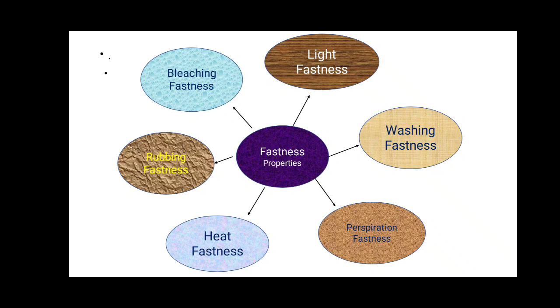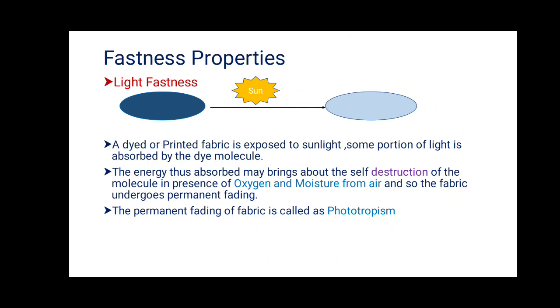Let's see them one by one. The first is light fastness property. Suppose we have a cloth of one color.